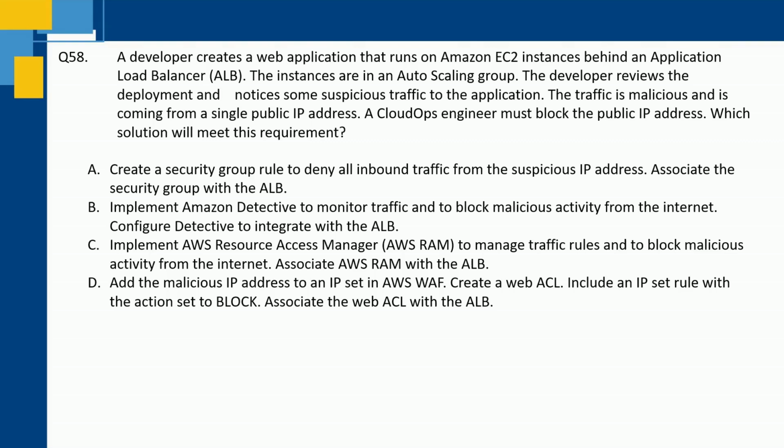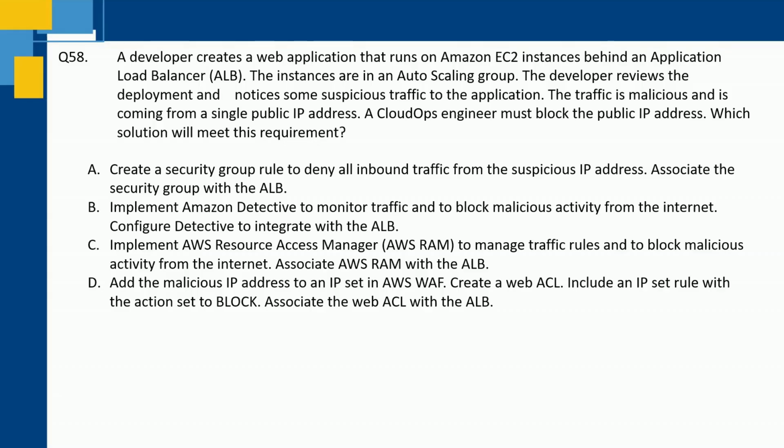Implement AWS Resource Access Manager to manage traffic rules and to block malicious activity from the internet, and associate AWS RAM with the ALB. Add the malicious IP address to an IP set in AWS WAF, create a web ACL, include an IP set rule with the action set to block, and associate the web ACL with the ALB.